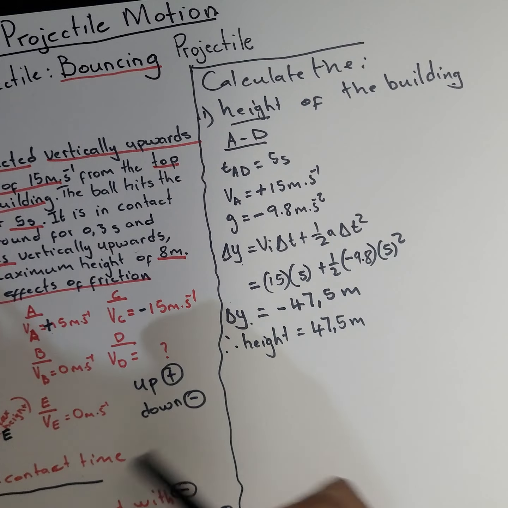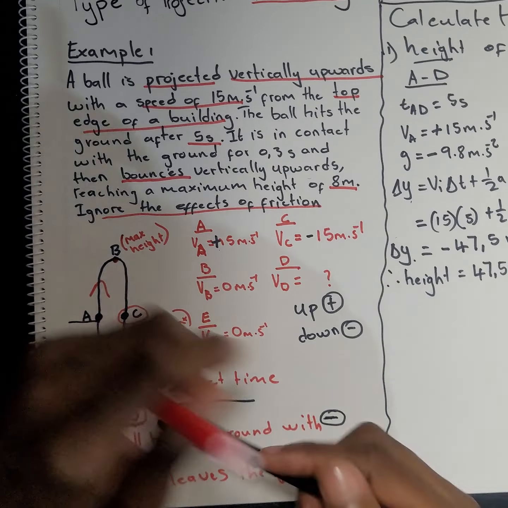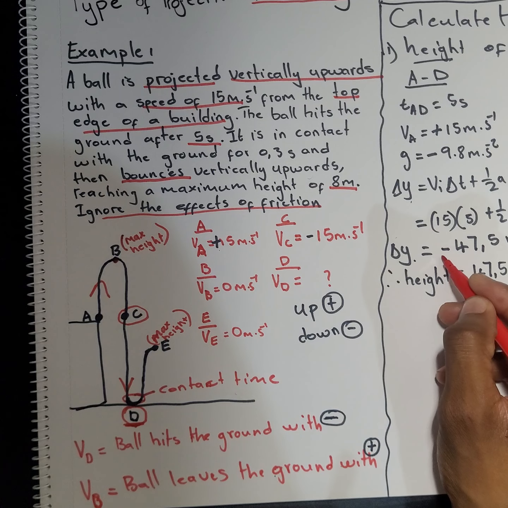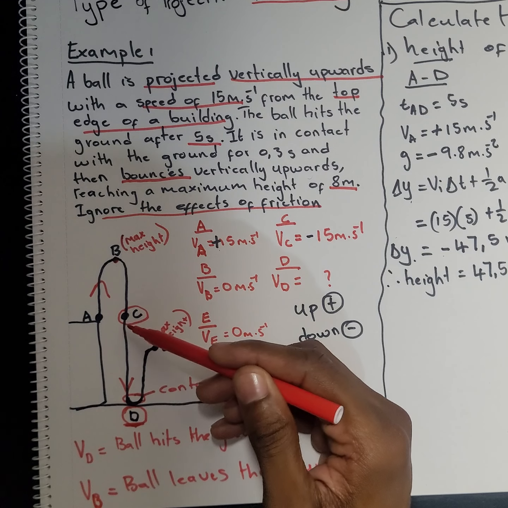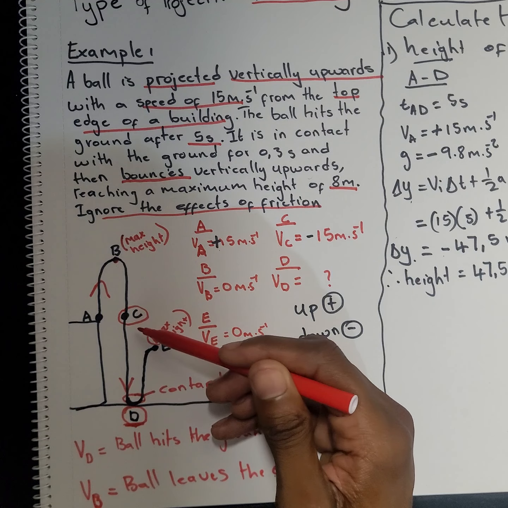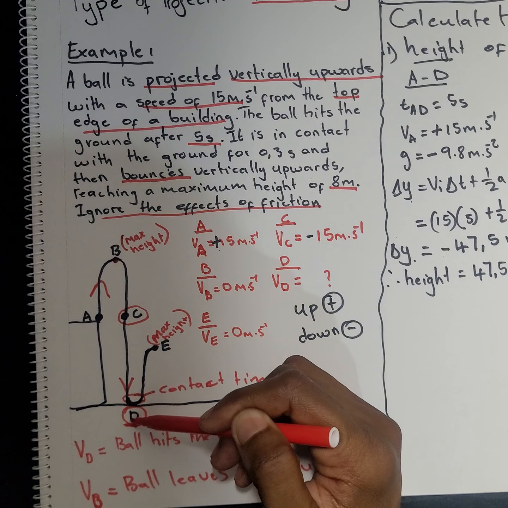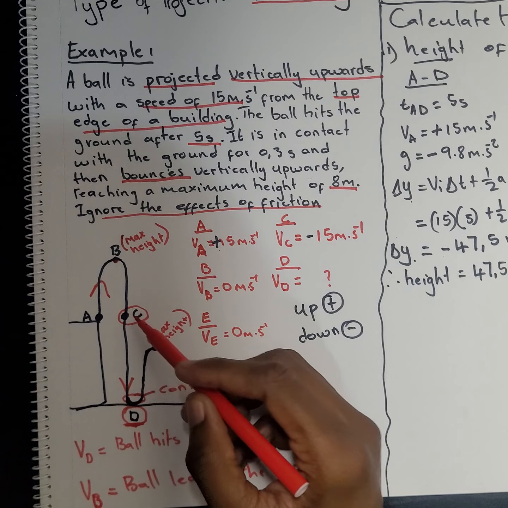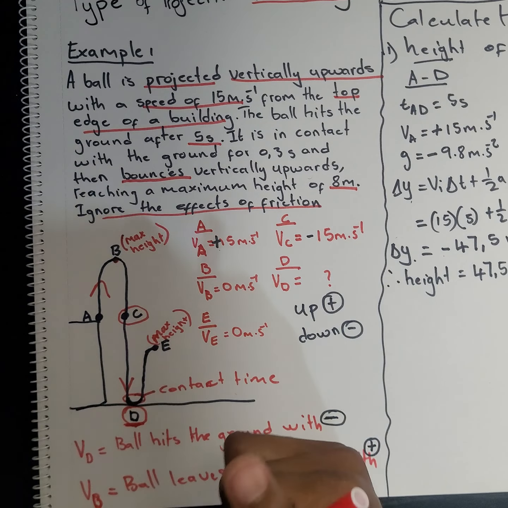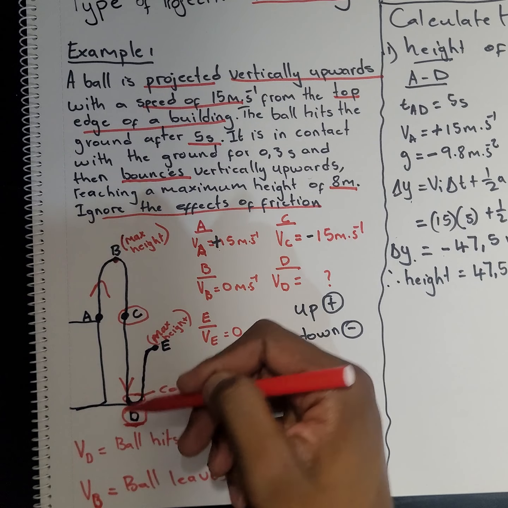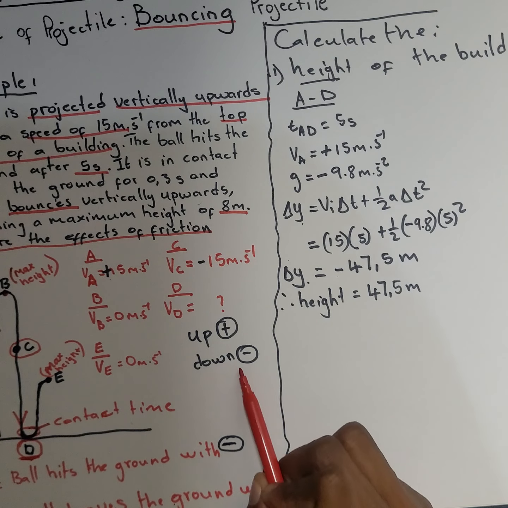Remember, this ball was going up, and then as you can see, for me to get this delta y to be negative there, the height of the building is now the same as now the points from C to D. And if I were to find delta y from C to D, I will find that my delta y will be negative, because from C to D I'm going downwards, and I chose my downwards to be negative.